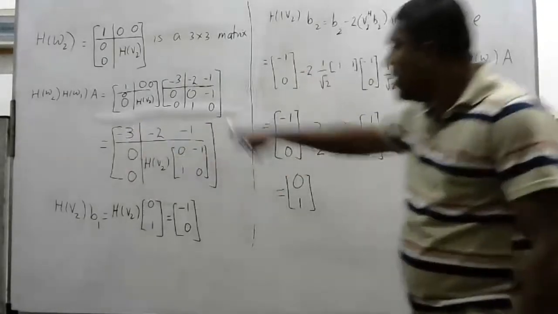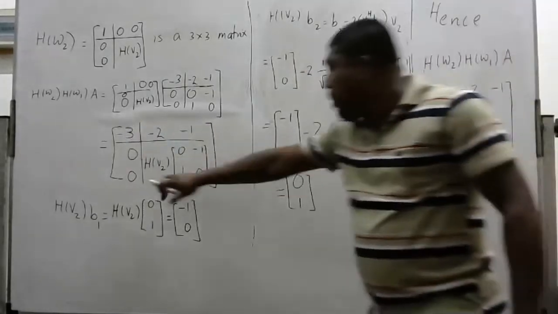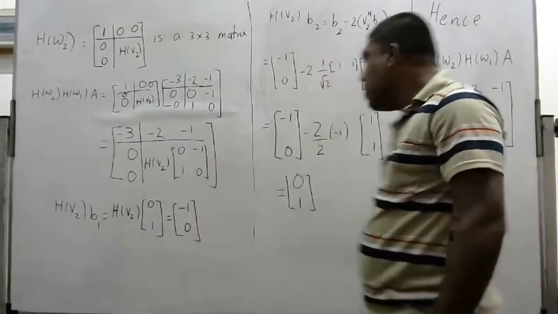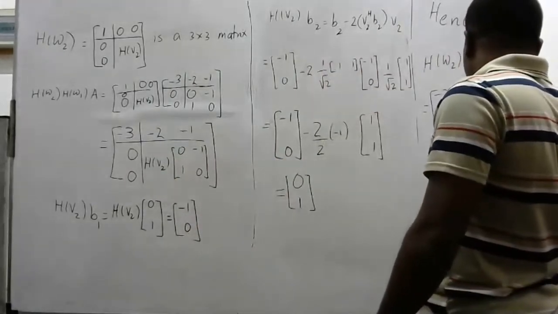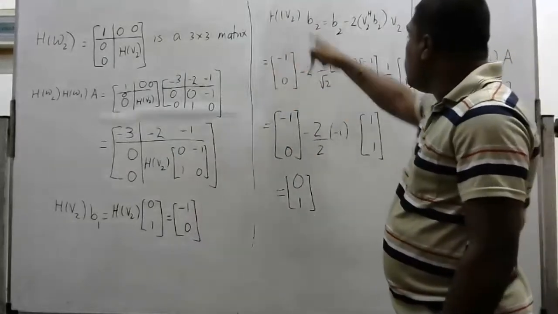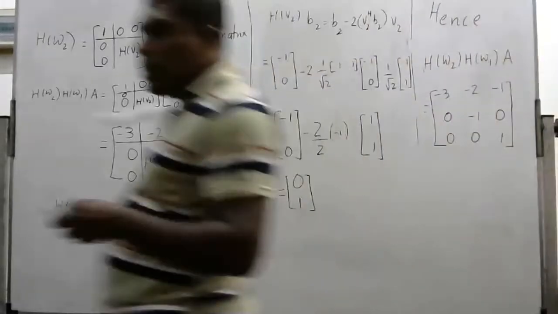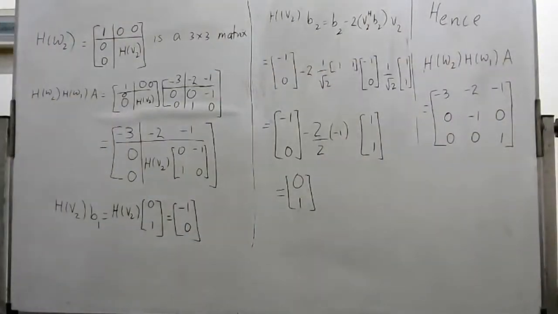If you look at this, these are unchanged. Only this part is what is changing here. So here is 2 times B1, you get -1, 0. And then H2 times B2 is 1, 0, 1. So clearly this is an upper triangular matrix. So this is how you reduce a matrix A into an upper triangular matrix by multiplying elementary Hermitian matrices in that order.